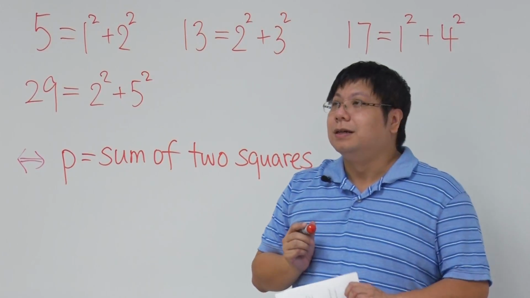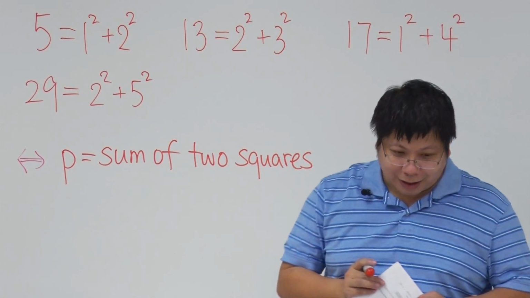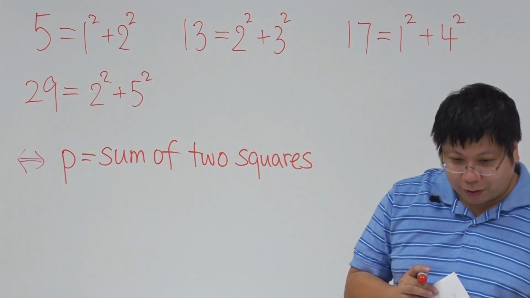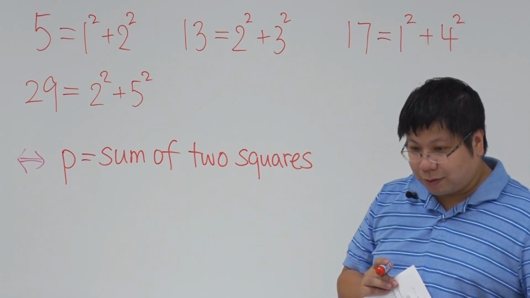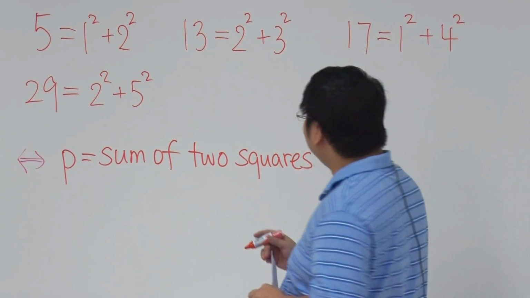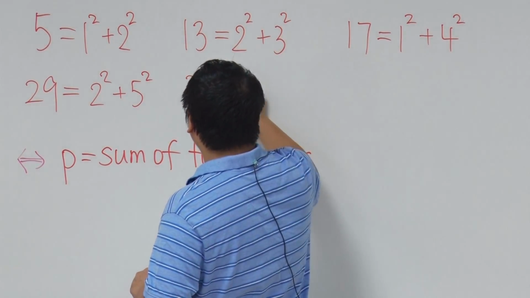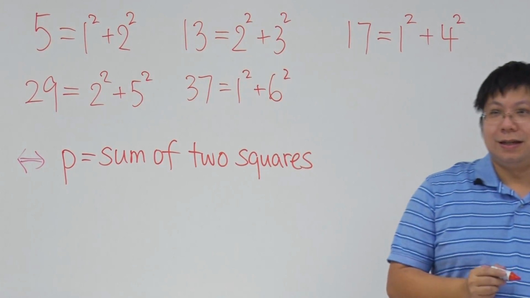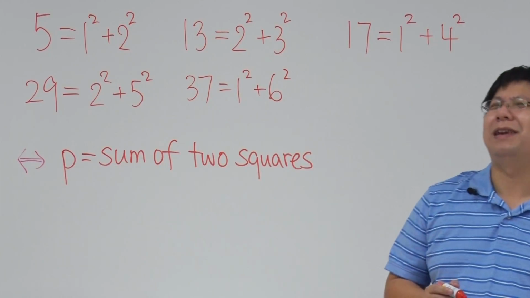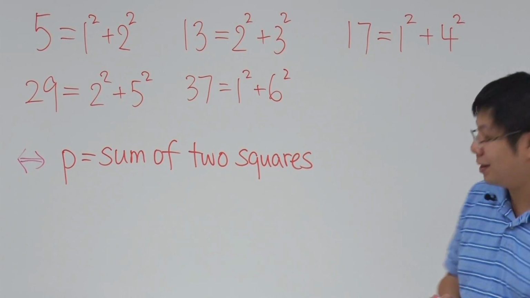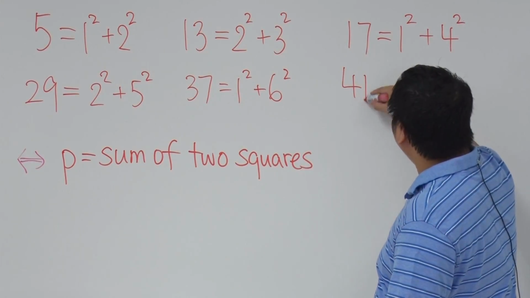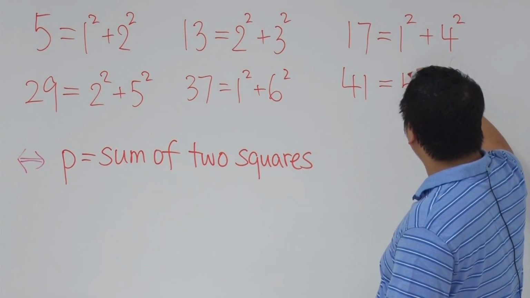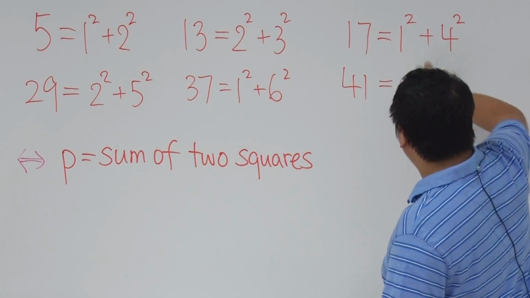The next one is 37, which is easy: 1 squared plus 6 squared. Let's try one more. After 37 comes 41, and 41 is equal to 4 squared plus 5 squared.